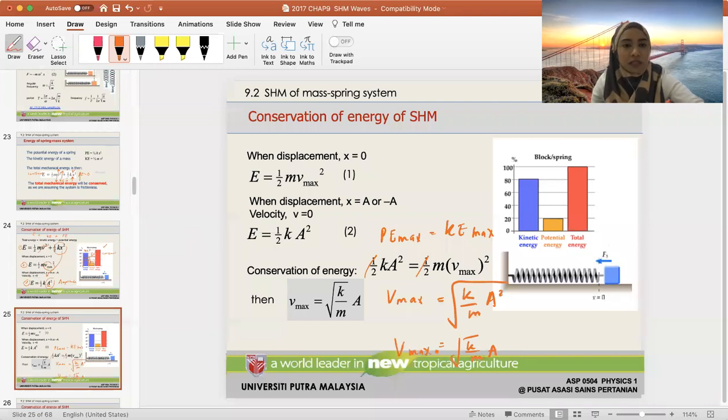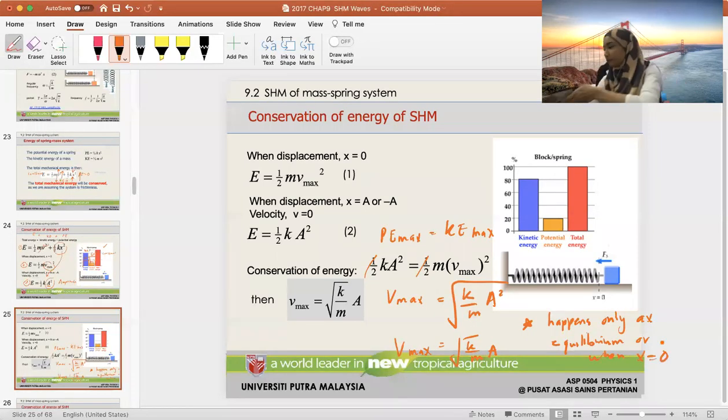When does v maximum happen? It happens only at the equilibrium point. So this happens only at equilibrium, when x equals 0.